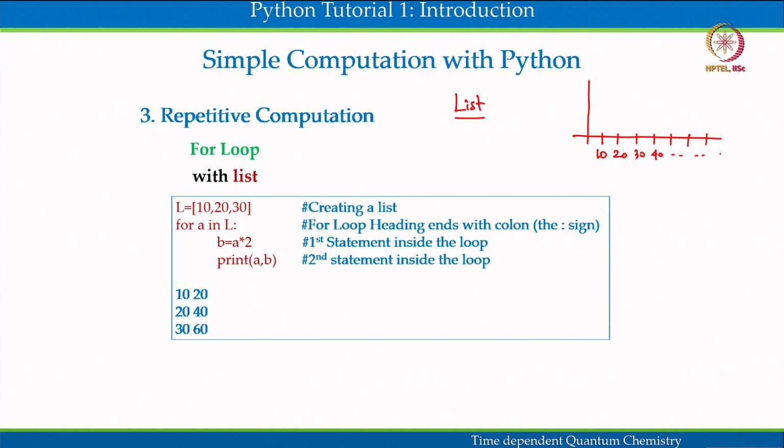We can have the values for x, and the entire set can be considered to be a list in the built-in Python feature. And this list name can be given anything, L, or it can be given M, anything, but it will be specified within this square bracket, and each number will be separated by comma. So, I am specifying the list as 10, 20, 30, and that is the way we have written.